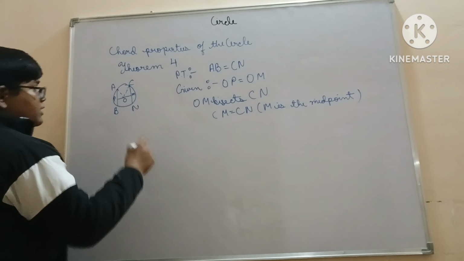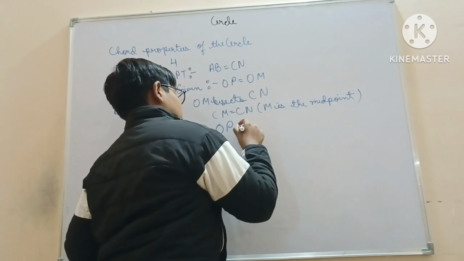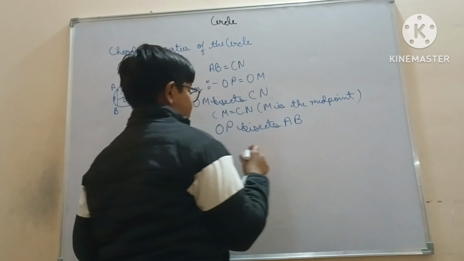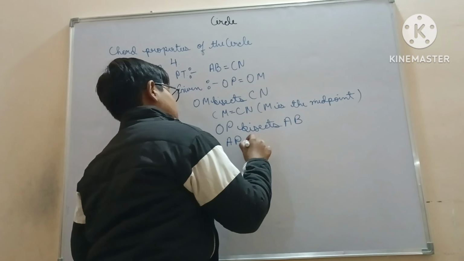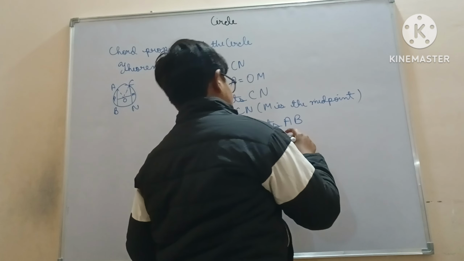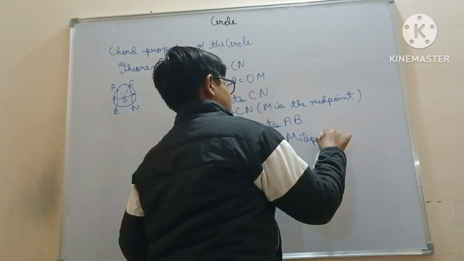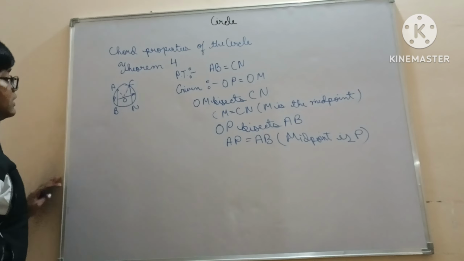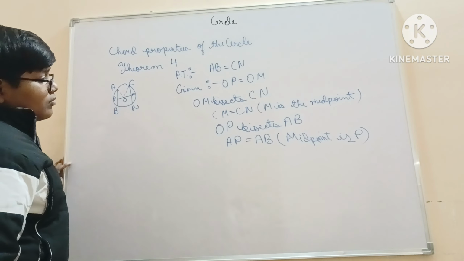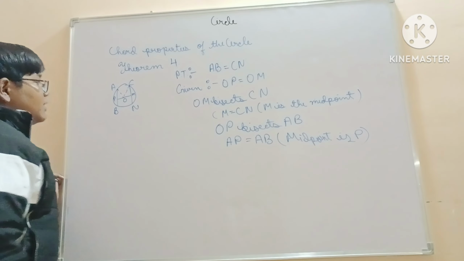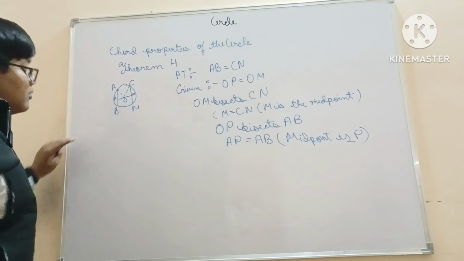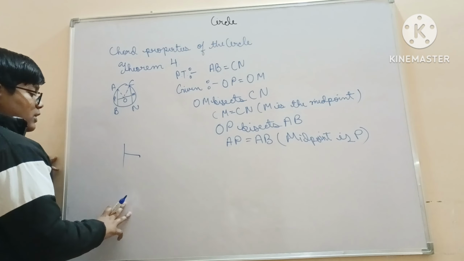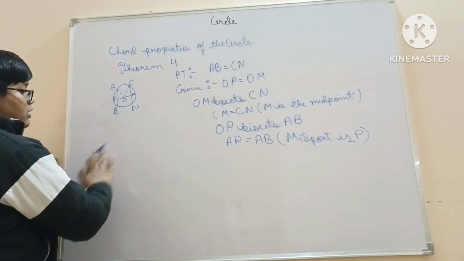And OP bisects AB, so AP is equal to PB as the midpoint is P, because any line from the center bisects the chord into halves.